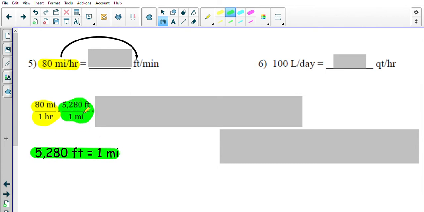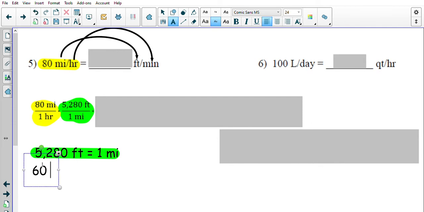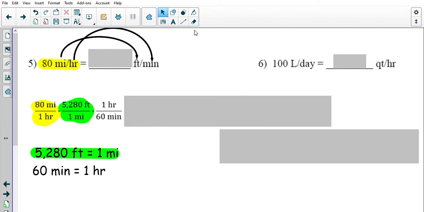And then we also want to convert between hours and minutes. We've seen this already. We know, of course, there are 60 minutes in 1 hour. So since I have hours on the bottom, I want the 1 hour to be on the top here. So I have 1 hour over 60 minutes.